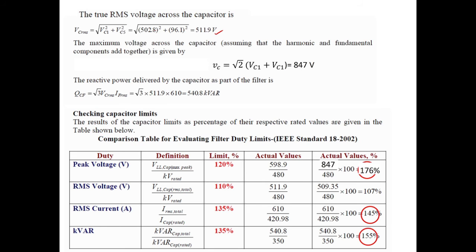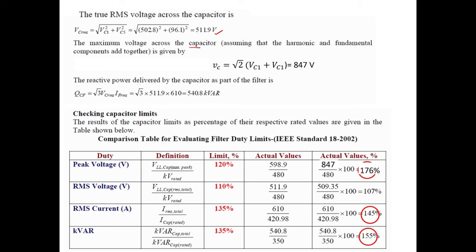true root mean square value for the voltage, and now we need also to calculate what will be the maximum voltage that will be applied across the capacitor. Okay, so as we said, for the maximum voltage, we have to add the two root mean square voltages.